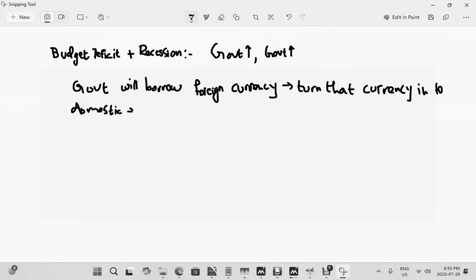The government is not able to repay the loan back on time or at all. We know that purchasing power goes down and the value of domestic currency goes down because of inflation.